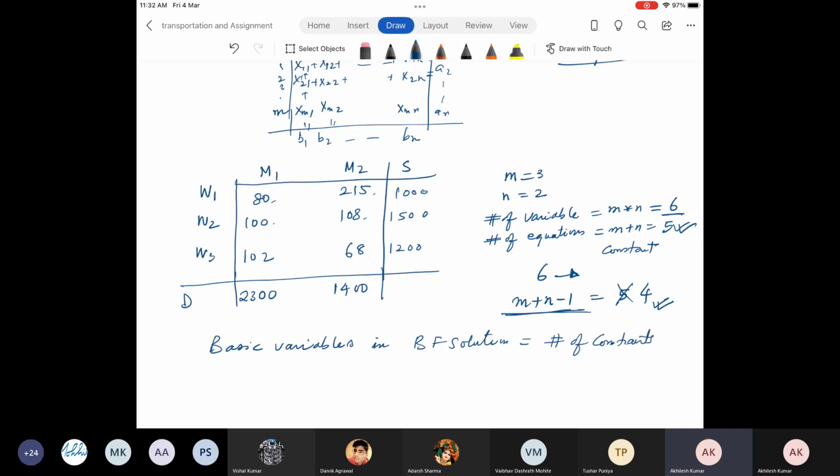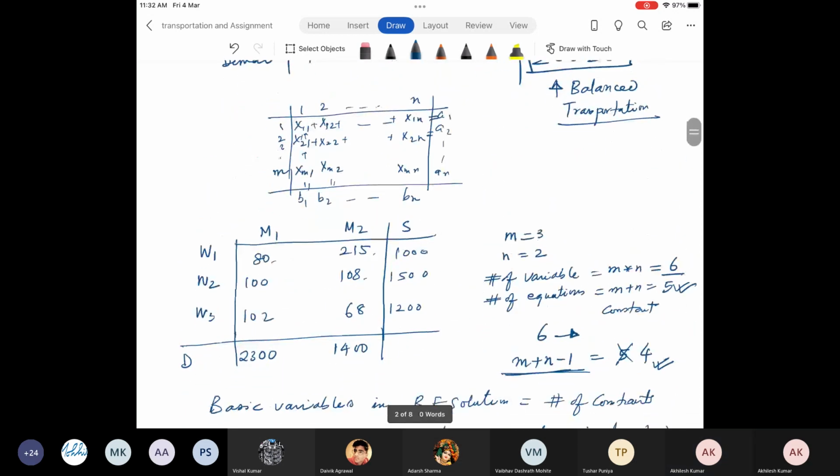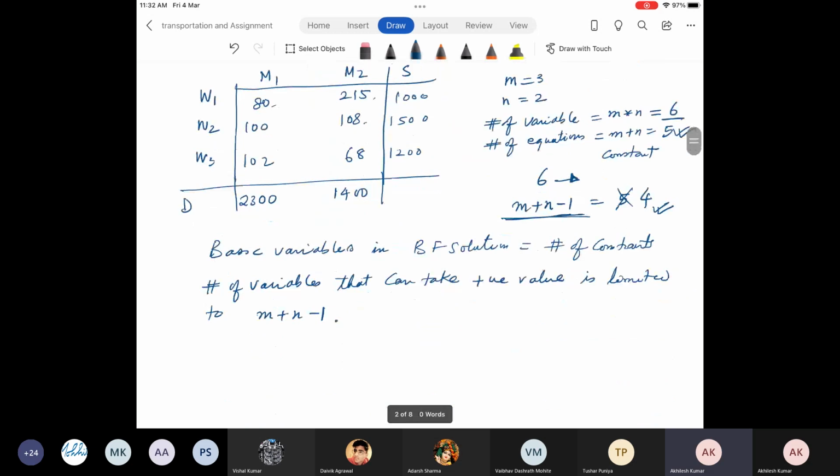But I'm saying the number of variables that can take a positive value is limited to m plus n minus 1. Why is that? Why am I not able to use all the 5 equations? Why am I only able to use 5 minus 1, 4 equations to solve?